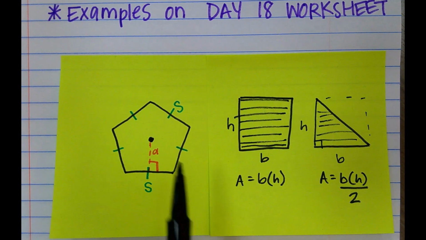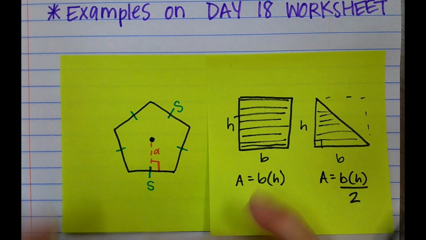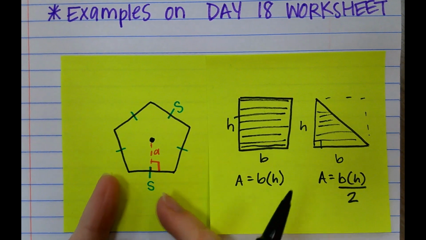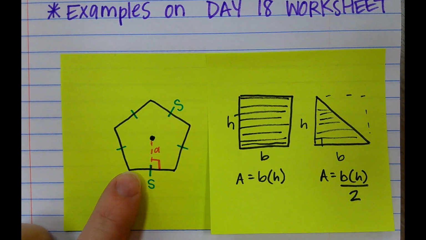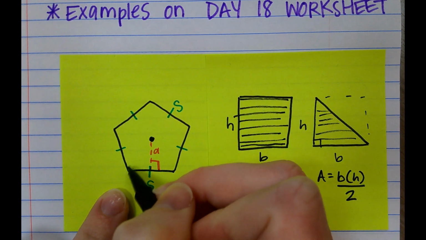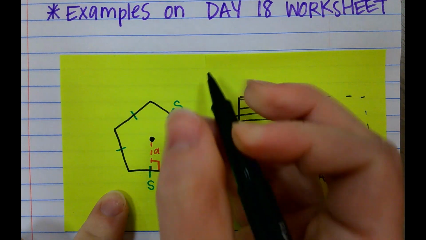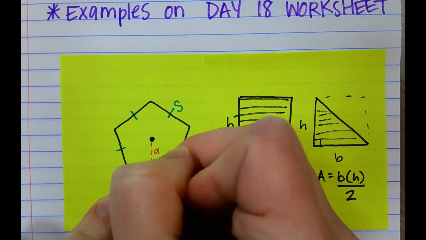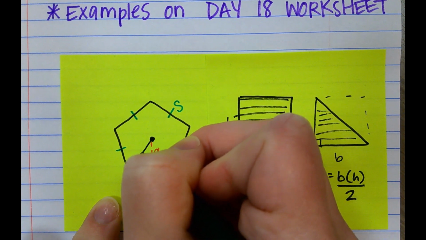So what we're doing is breaking the shape down into smaller portions. Here's how I'm going to do that. I'm going to take each of the angles inside the shape and draw a line from the corner to the center, like that.